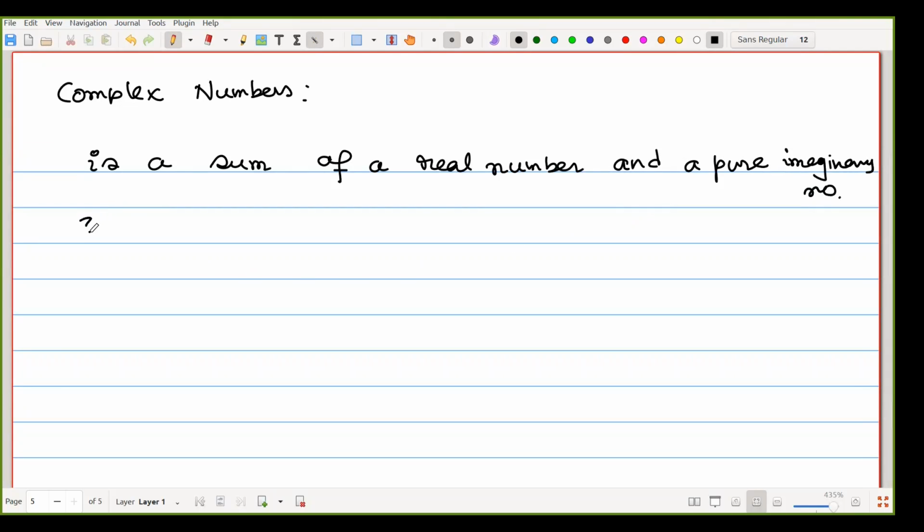The standard form. What is the standard form of any complex number? That is A plus IB, where A, B both are real numbers.